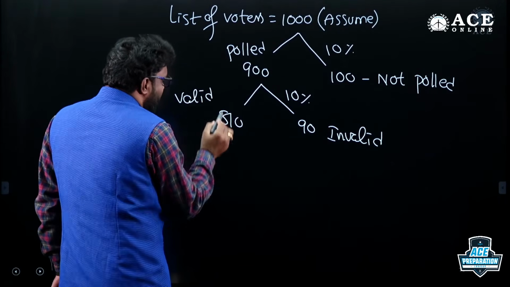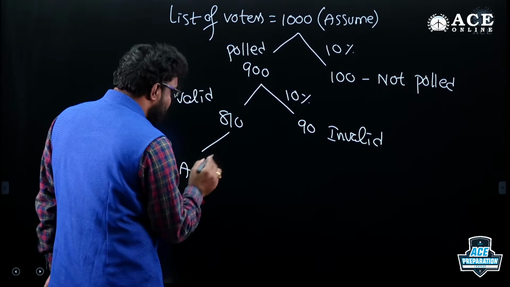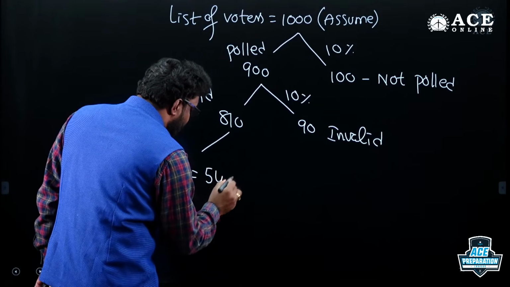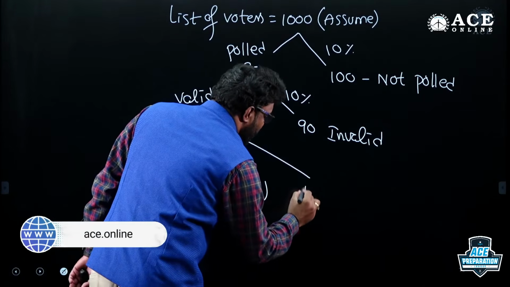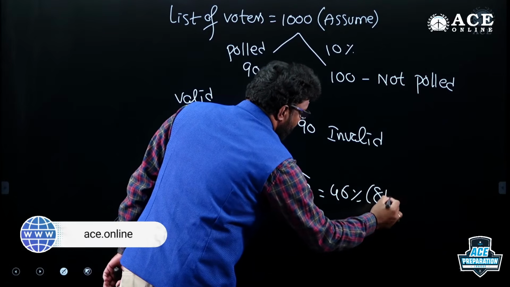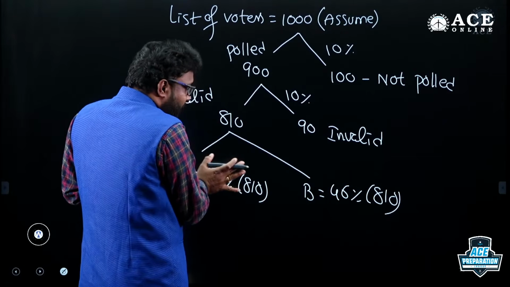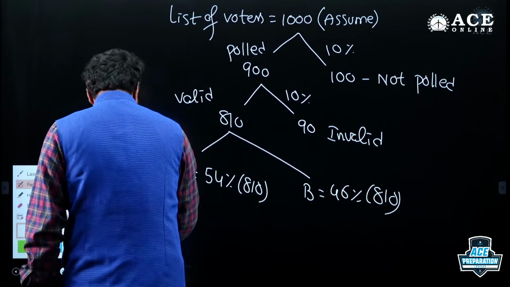Now among valid, 54% is given for A, the successful candidate. So 54% of 810. The other candidate got obviously 46% of 810. Total 100%, 54 here, 46 here. Now the majority, what is the majority here?